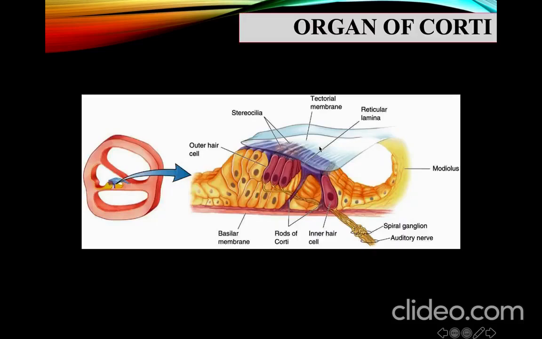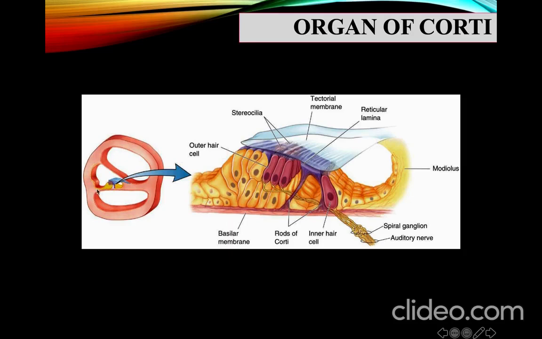Here you can see this is the reticular lamina, in which the hair cells are embedded. This reticular lamina, the rods of Corti and the basilar membrane make a rigid structure and they move just as a unit.